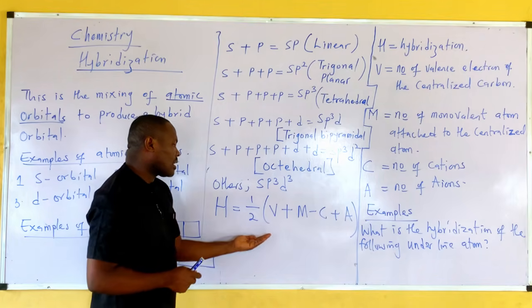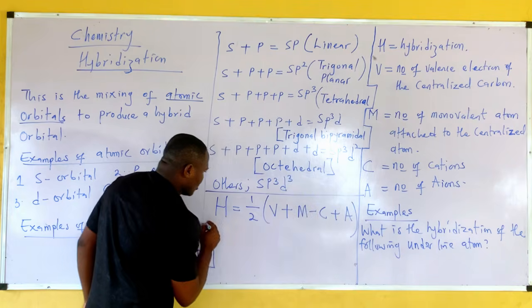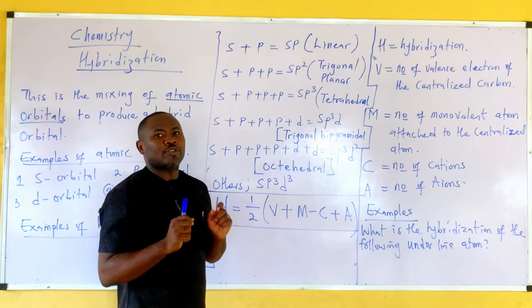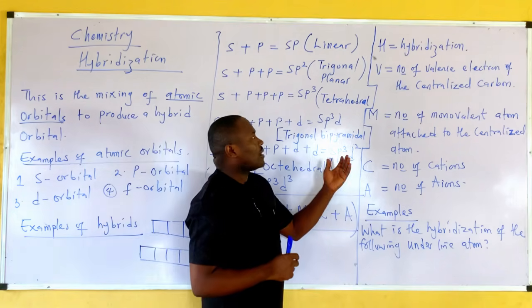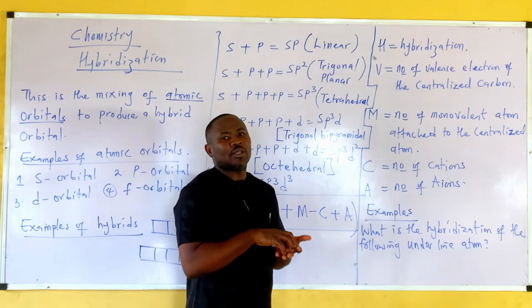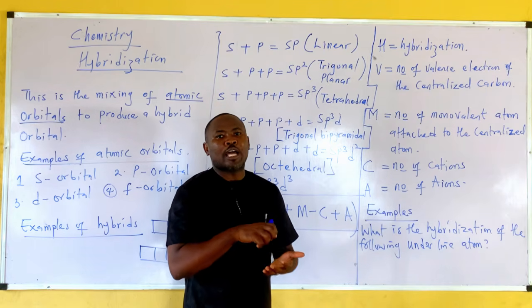Now look at a short formula to assist us in solving for hybridization. Take note, in a compound we have the central atom, and that central atom is the atom that is undergoing hybridization.